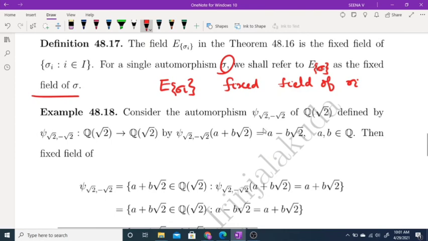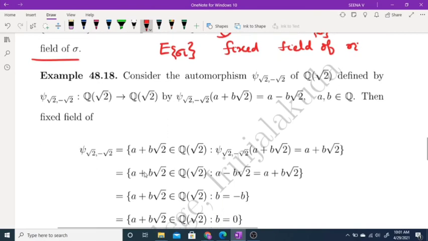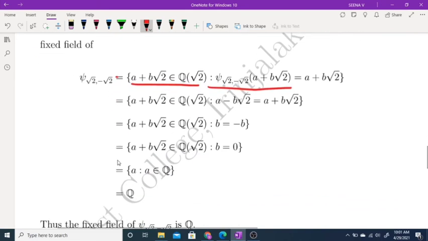Consider the automorphism ψ_{√2→−√2} of Q(√2) defined like this. Find the fixed field of ψ_{√2→−√2}. The fixed field is the set of all a + b√2 belonging to Q(√2) such that ψ(a + b√2) = a + b√2. So the set of all a + b√2 such that a − b√2 = a + b√2, because by definition the left side is a − b√2. So b = −b, which means b = 0.